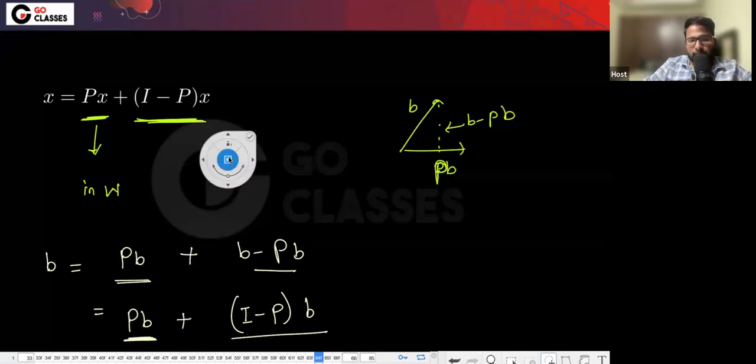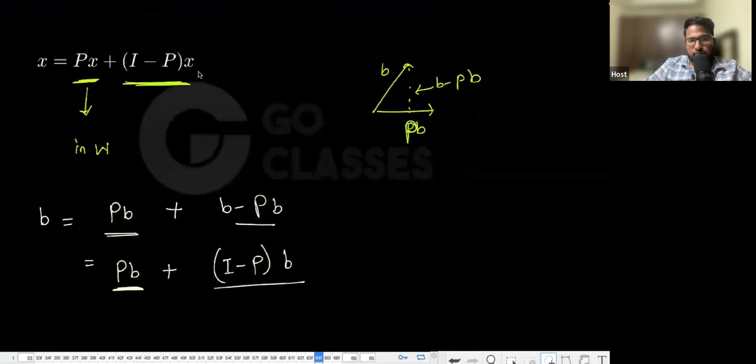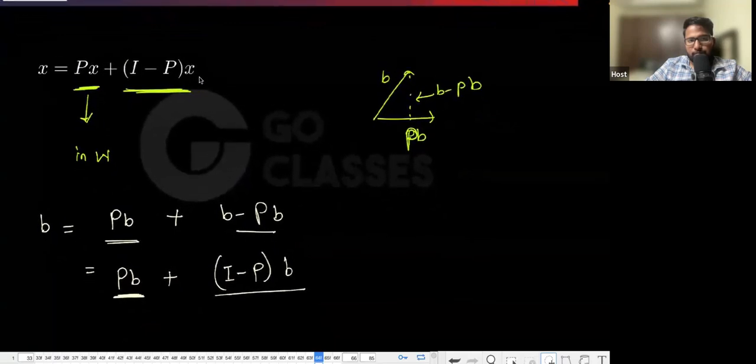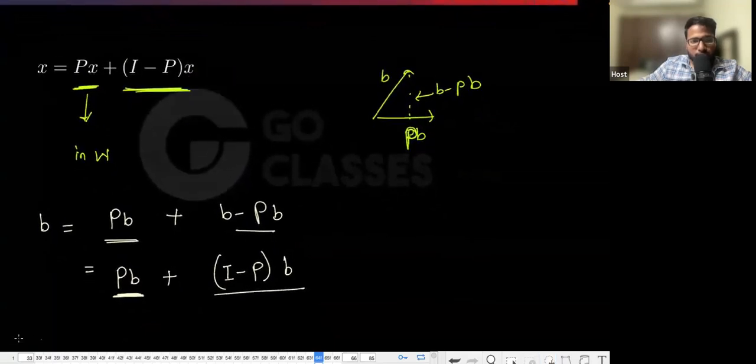Now, P is something which is taking b and projecting onto W. This is a vector in W, and this is a vector in W orthogonal.